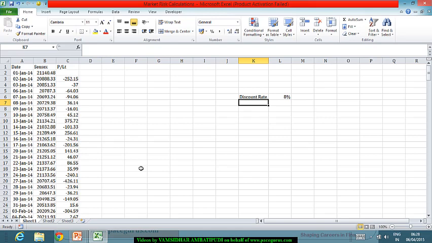So I'll call it the daily discount rate. I'll divide this by 250, the number of trading days, to come out to my daily discounting rate. Around 0.03% comes out to be my daily discounting rate.